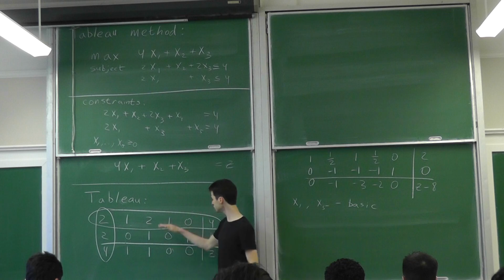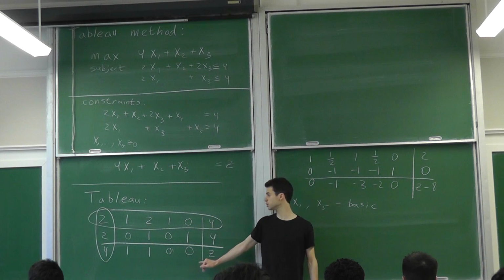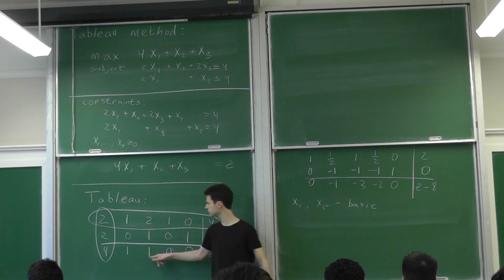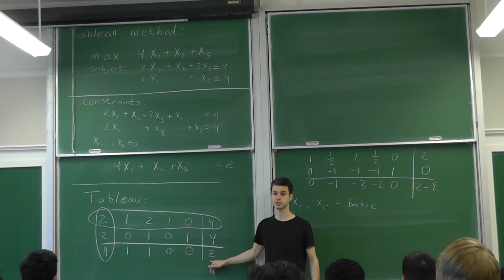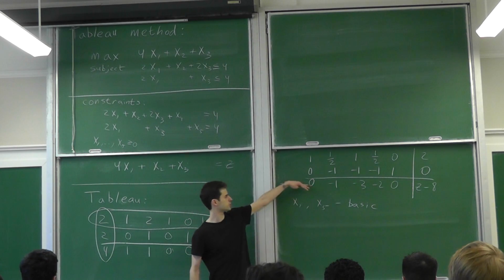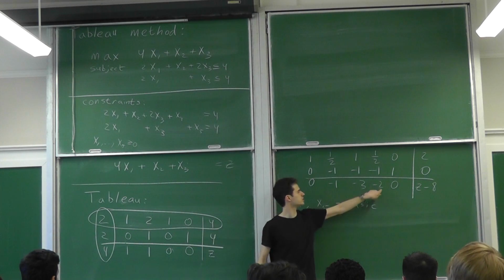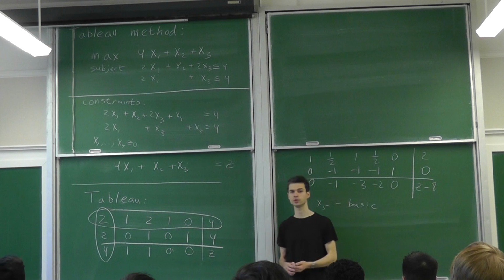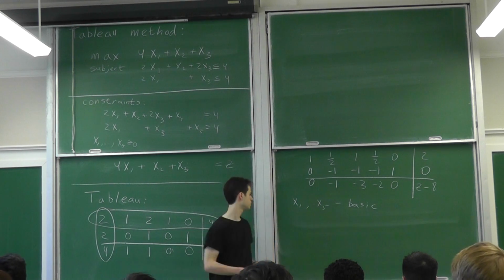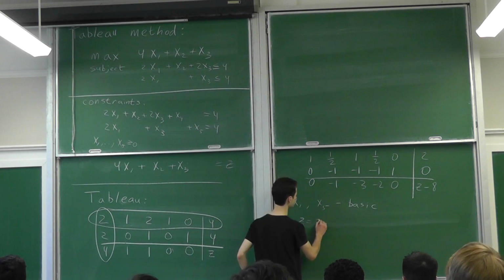The value of z here was, once you set the non-basic variables to 0, z equal to 0. What happens here? Once you set the non-basic variables to 0, you get z minus 8 being 0. So z is 8.